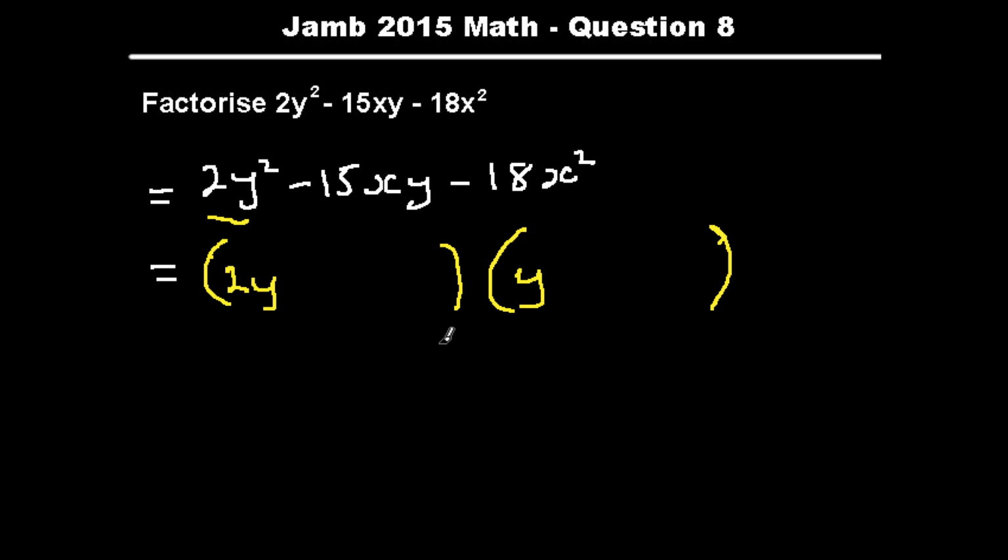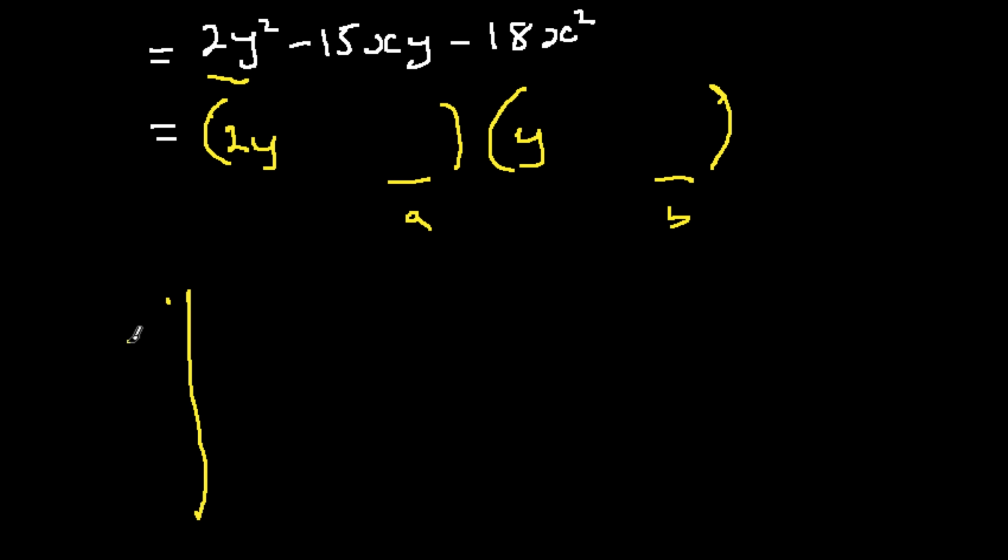The problem now is we need to figure out what goes in the remaining spots. So what are the rules? We know that whatever is here and here have to multiply together to form the number 18. So let's just label these slots A and B. Let's look at all the possible values of A and B. If A is 1, then B has to be 18.